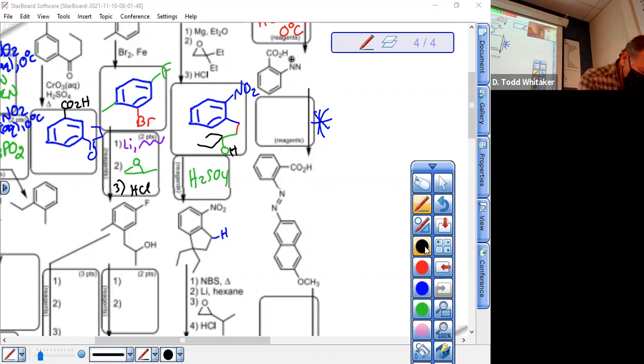You just copy the aromatic ring, it's a naphthalene here. I didn't even draw a nice naphthalene. That's embarrassing. I'm really struggling here. There we go.